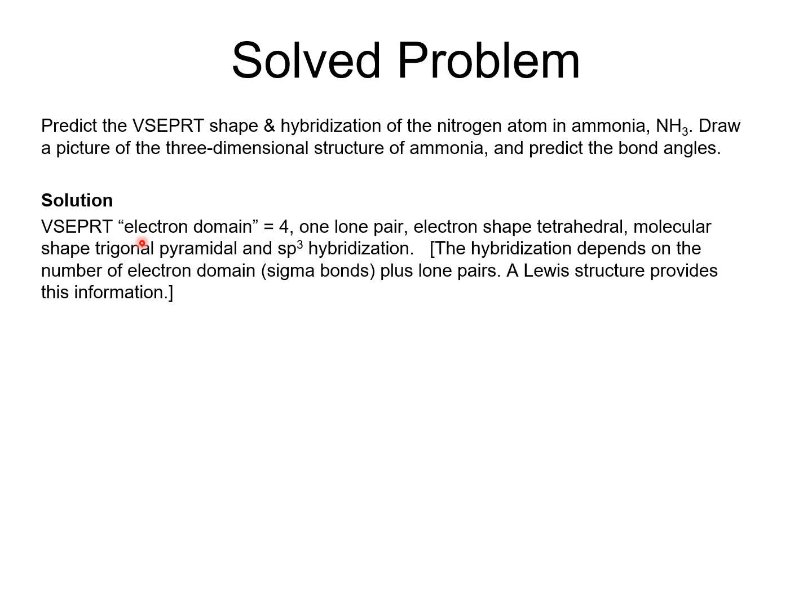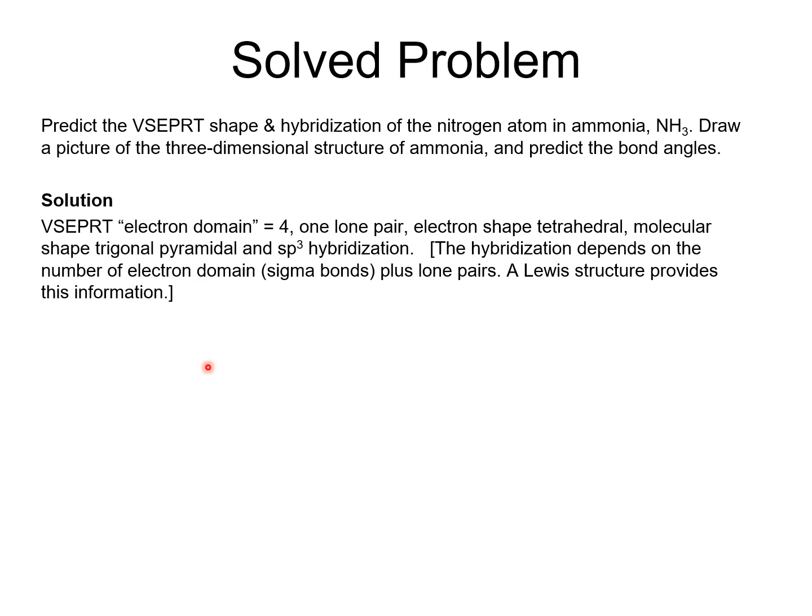So we're going to do VSEPR electron domains. We have 4. If you draw the Lewis dot structure of ammonia, you'll see that you actually have 4 electron domains. You have 1 lone pair and 3 electron pairs, so that gives you a grand total of 4.